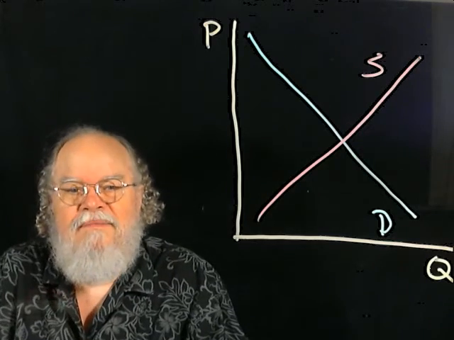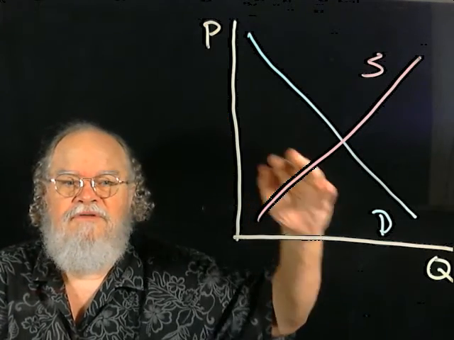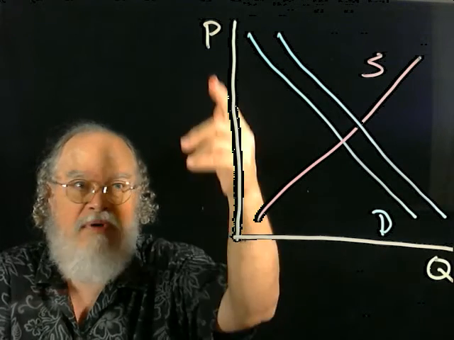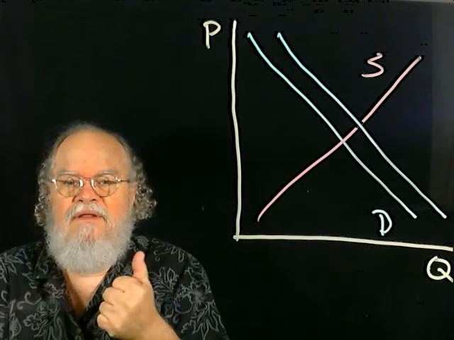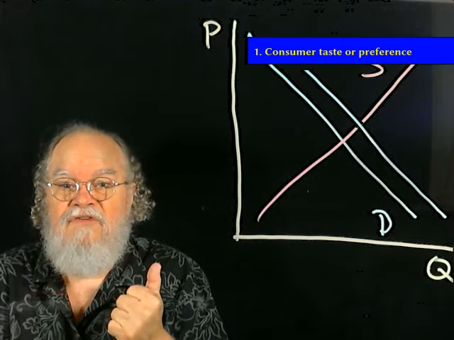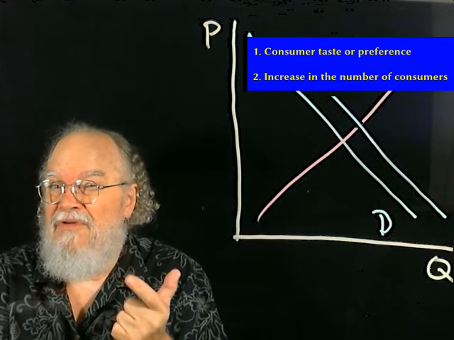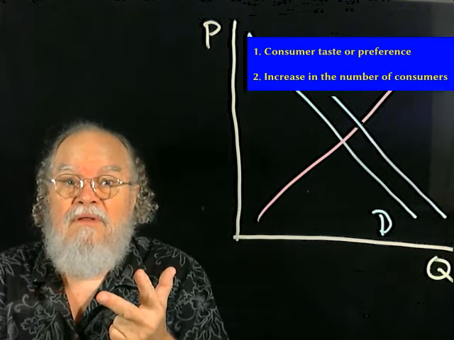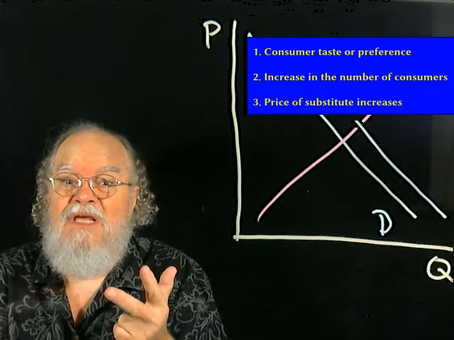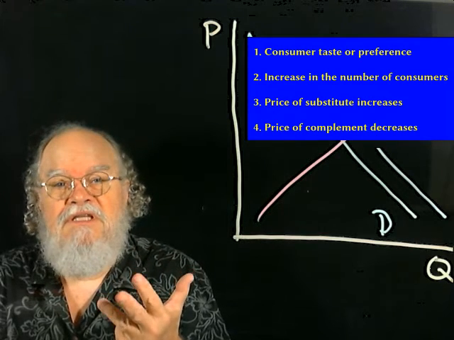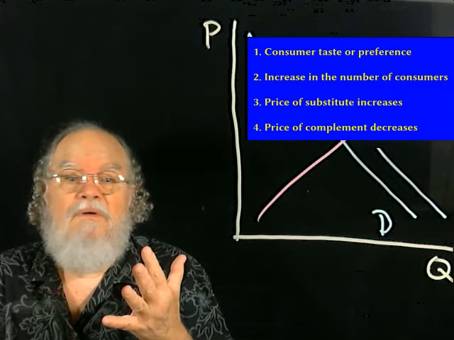On the demand side, the demand curve for a good or service shifts to the right. That is, an increase in demand at all prices when there is an increase in consumer taste or preference for that good or service. There is an increase in the number of consumers. The price of a substitute increases, or the price of a complement decreases.